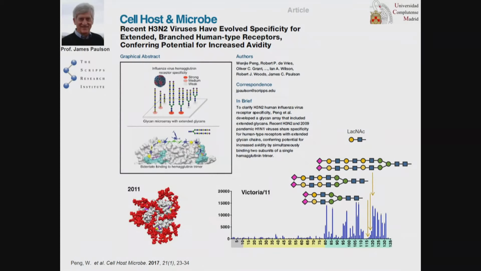But this is just a model because they have crystallized the protein, but there is not enough electron density to describe the carbohydrate, as is usually the problem in protein carbohydrate complexes.